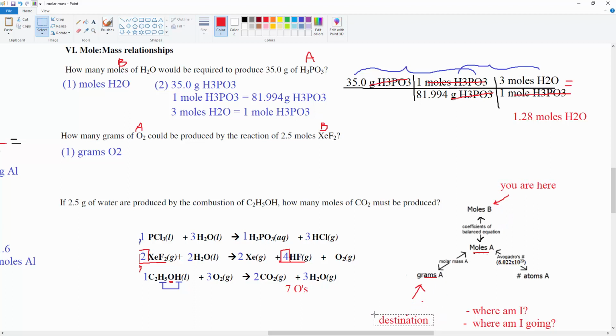Does that make sense? I can start from either end of it. Here, this tells me that if I'm here and I want to go there, the first thing I need is the coefficients of the balanced equation. Specifically, I'm looking for the relationship between oxygen and XeF2. What's that relationship?